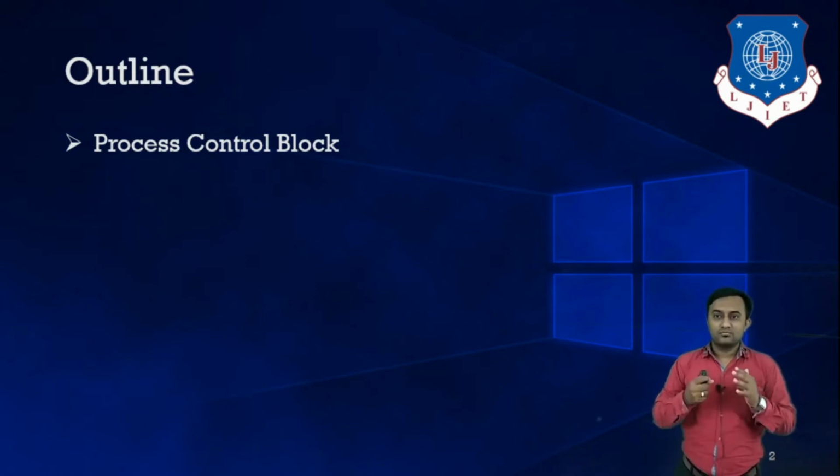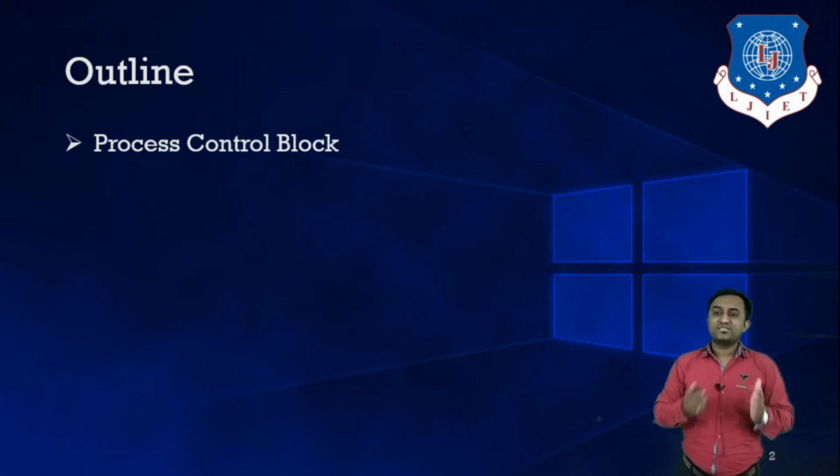Once the operating system puts that program into main memory, it will create one structure in main memory, and that structure contains one internal data structure called PCB, process control block.